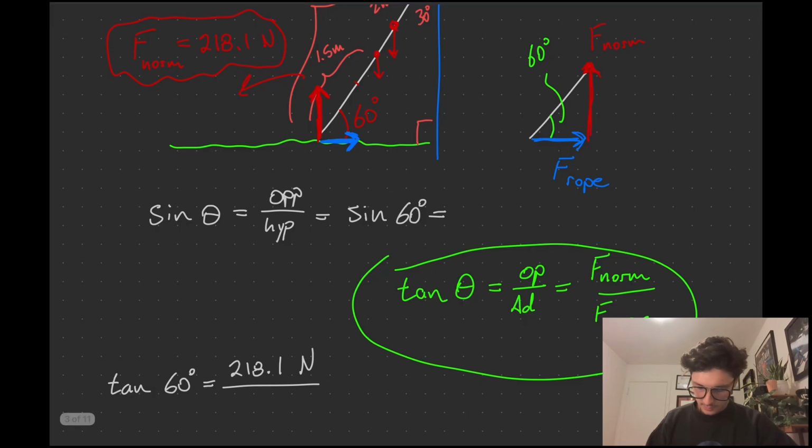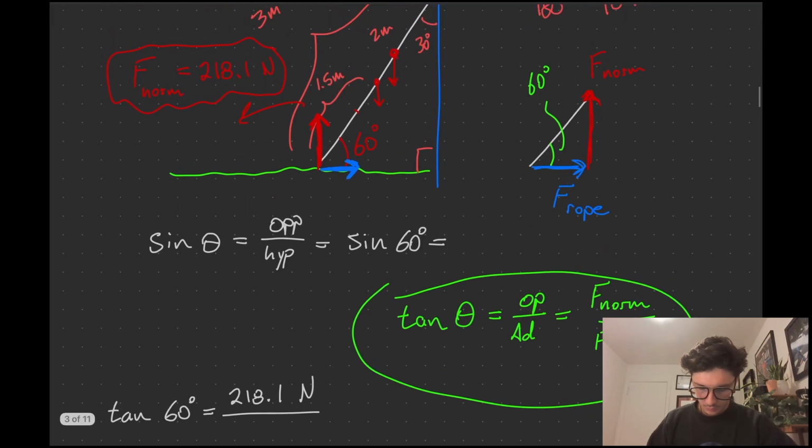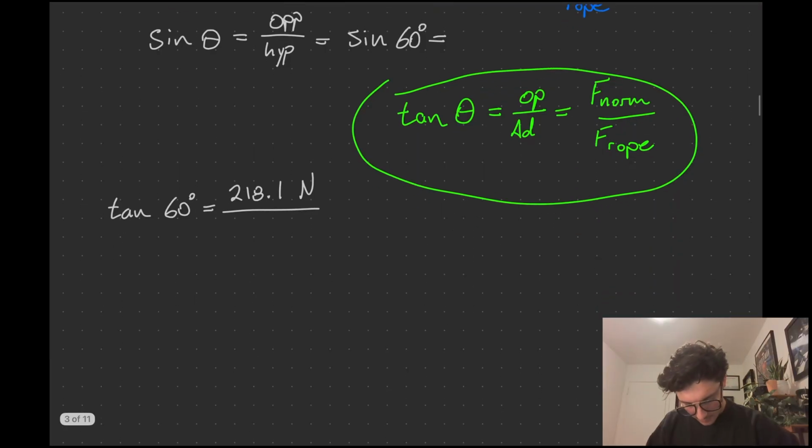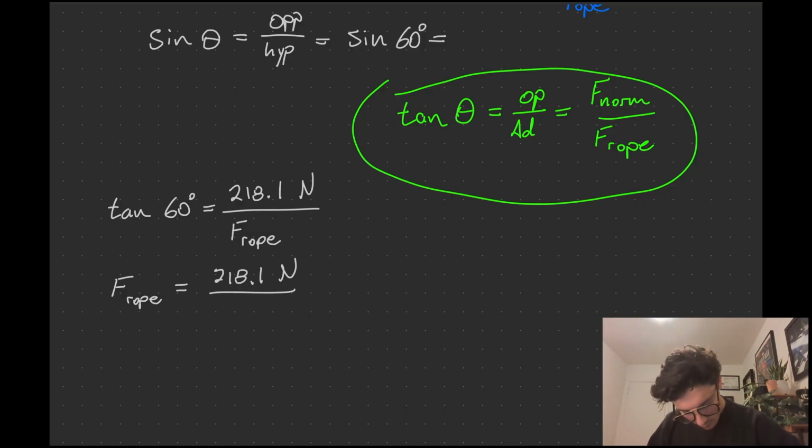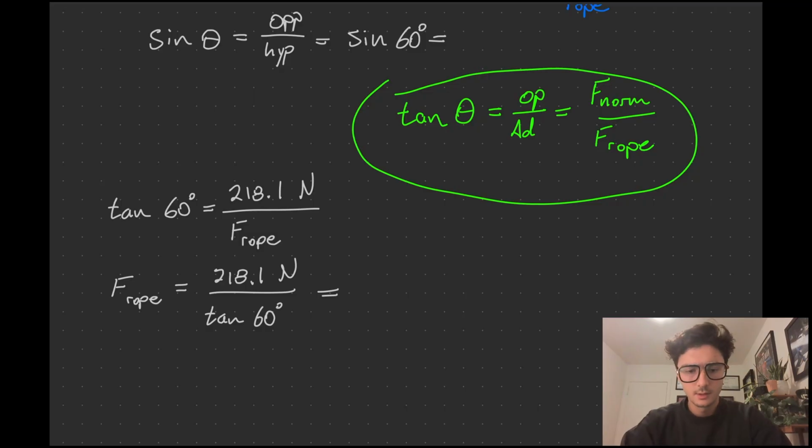And if this does not work, then we can't do the other problem. But I'm still going to write this, F rope. So then F rope is equal to 218.1 newtons over tangent of 60 degrees. All right? I'm just going to peep what tangent of 60 degrees is real quick. Tan 60 degrees. 1.7.